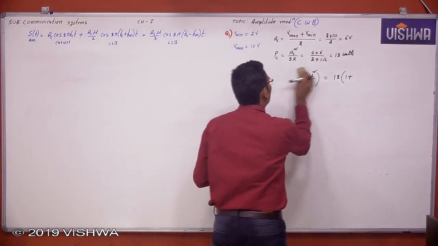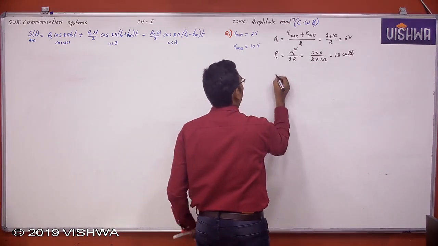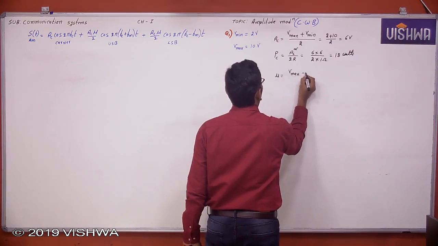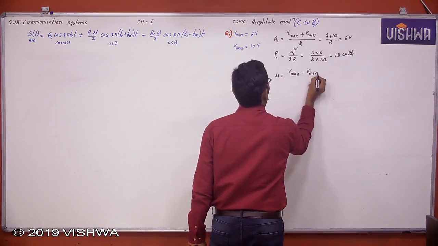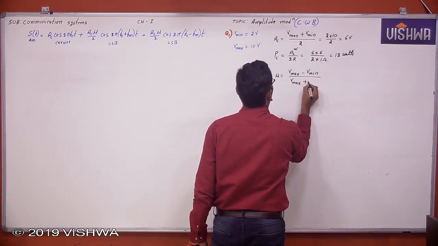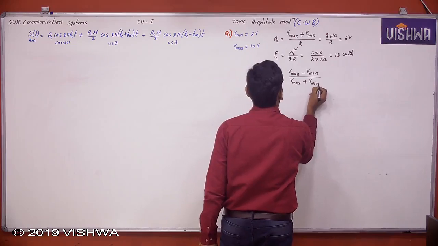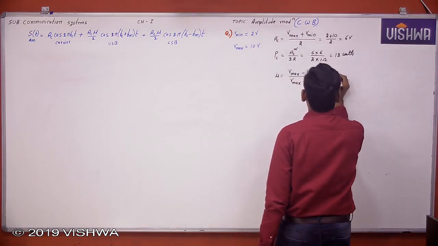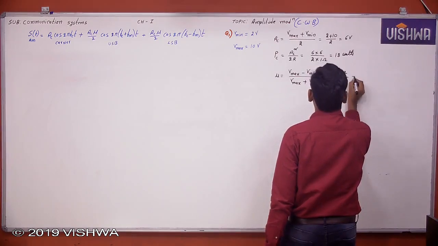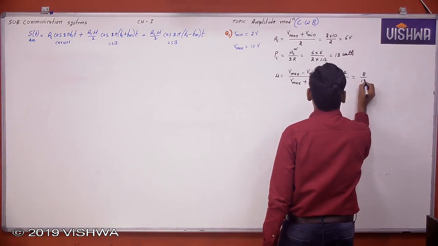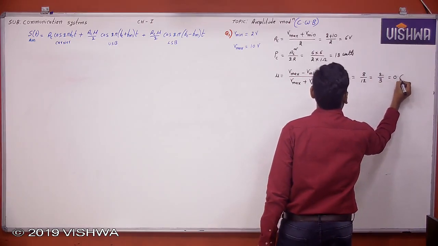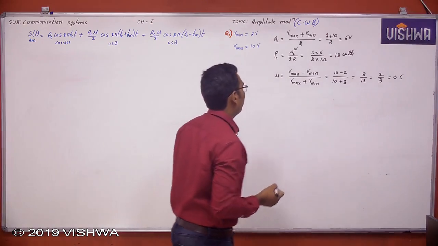The modulation index is V maximum minus V minimum by V maximum plus V minimum, which is 10 minus 2 by 10 plus 2, 8 by 12, 2 by 3, 0.6 is the modulation index.